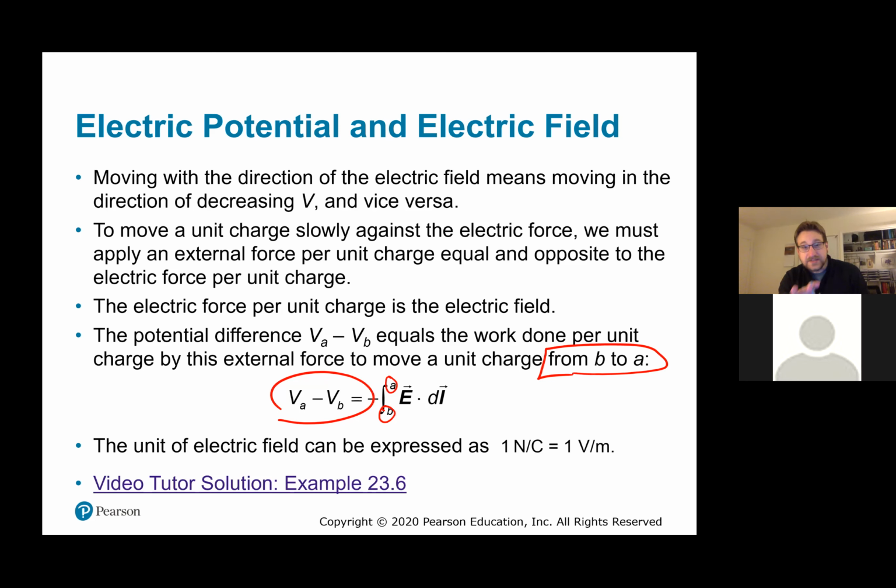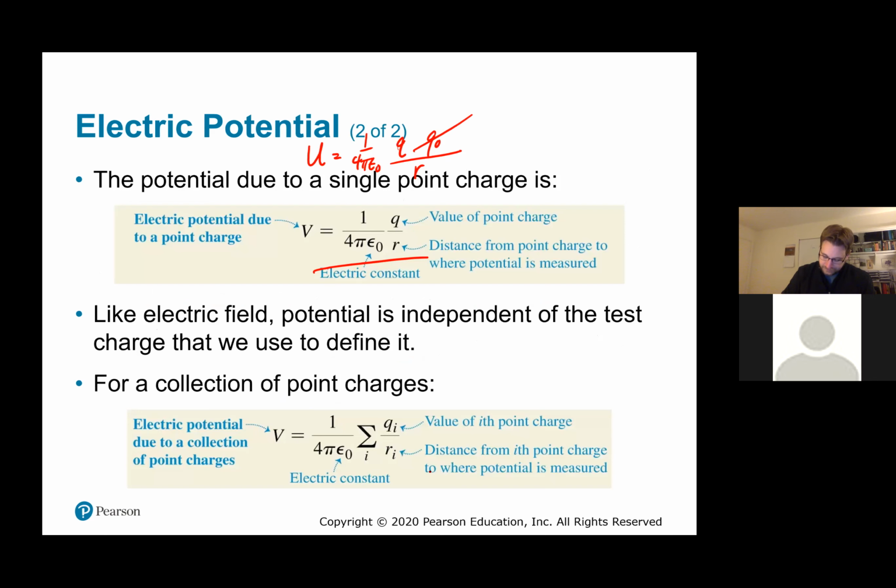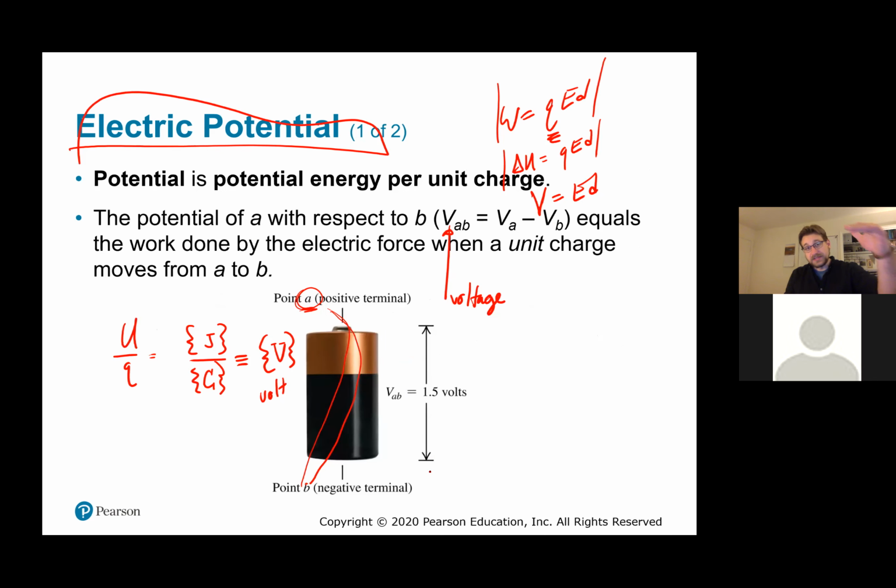And the reason for that is how we looked at that battery symbol earlier. The potential at A looking down the battery at B. The potential at A from B, to get to A, we needed to do a thing.